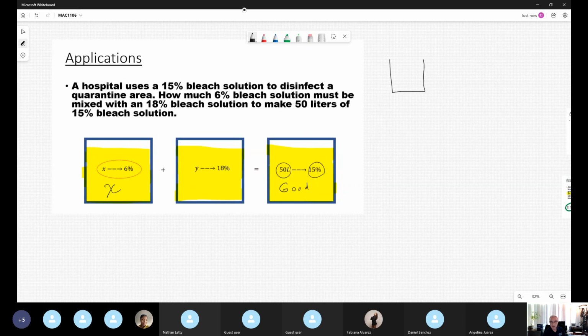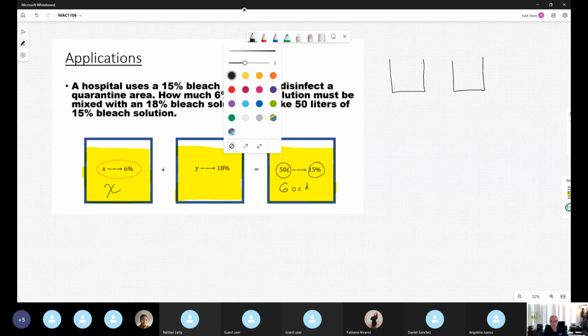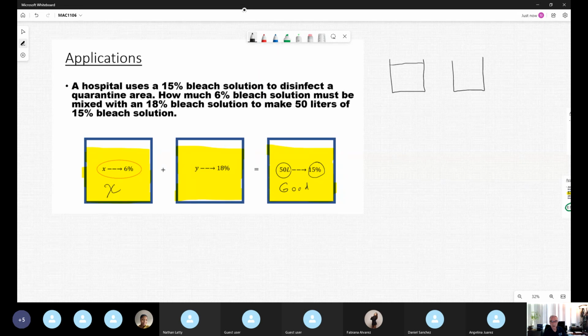Schematically, guys, when you have a word problem, you read the problem, try to understand the problem, and create your equation. This is the new challenge in the homework online. You have one container, 6% concentration.